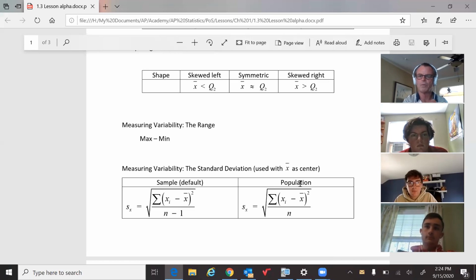So for example, when I show you the AP scores from the spring, College Board publishes the standard deviation. That's the population standard deviation because that's based on every test taker. But the point of statistics is to make an inference about the population from a sample.